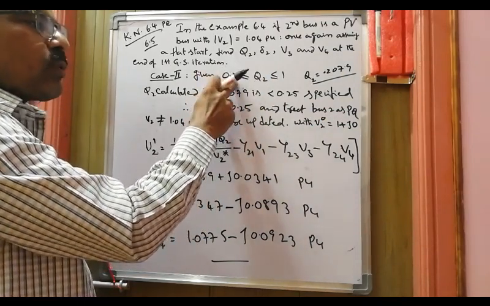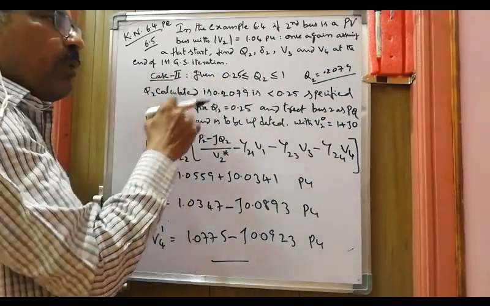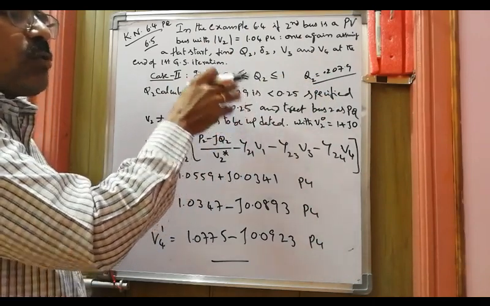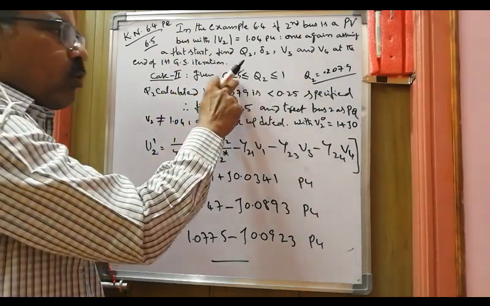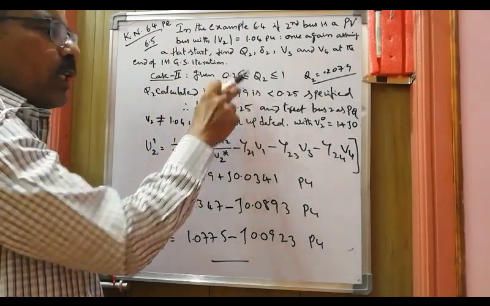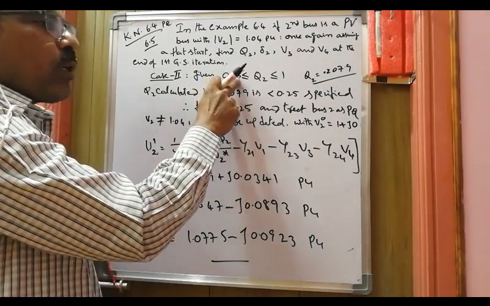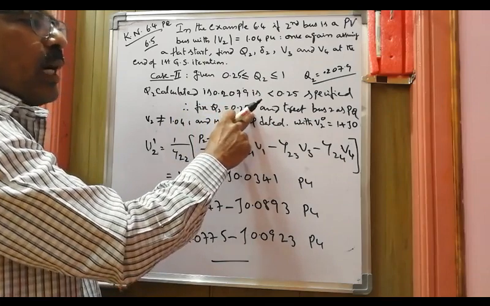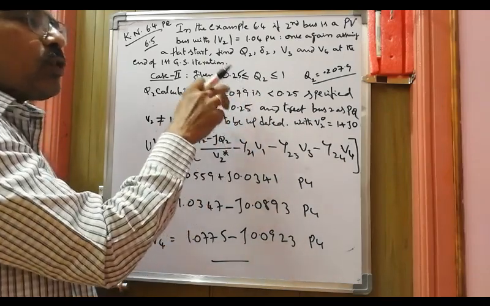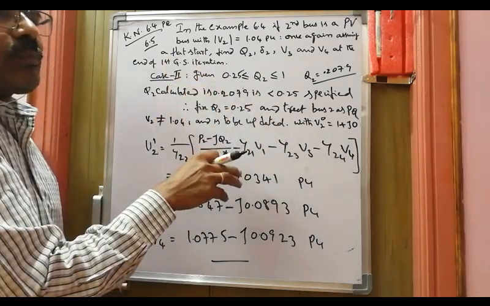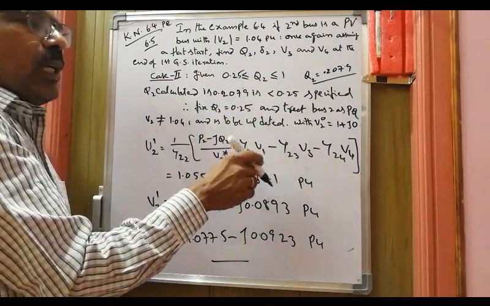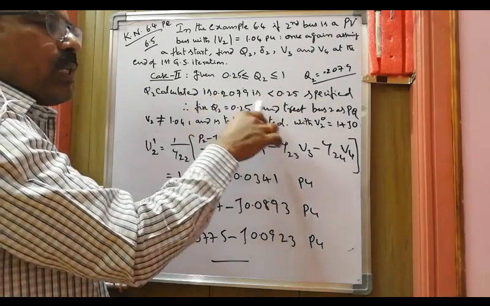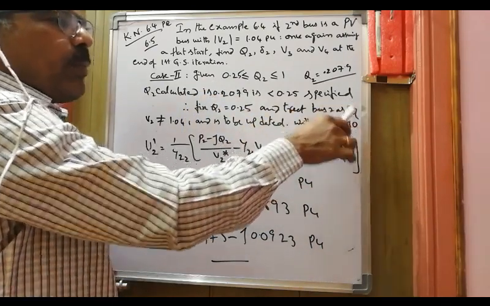So whenever it goes beyond minimum or beyond maximum, it is to be set to the respective value. If it goes below this, Q is to be fixed to 0.25. So fix Q2 to 0.25, and that bus is to be treated as PQ bus because you are fixing its Q. Earlier it is PV bus, it's going to become PQ.